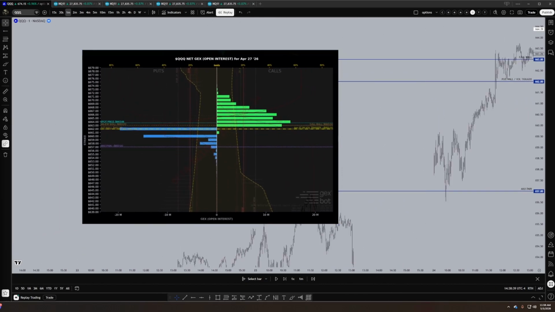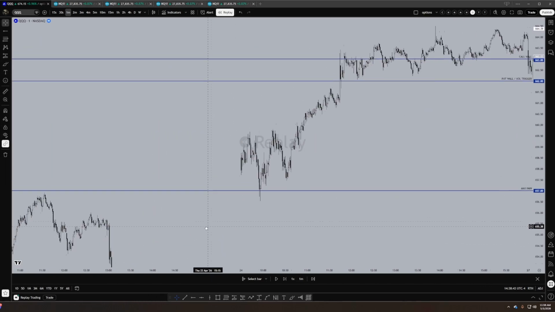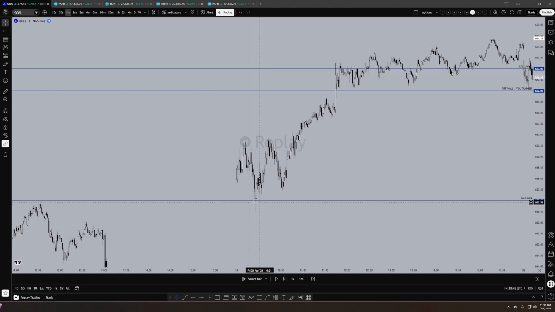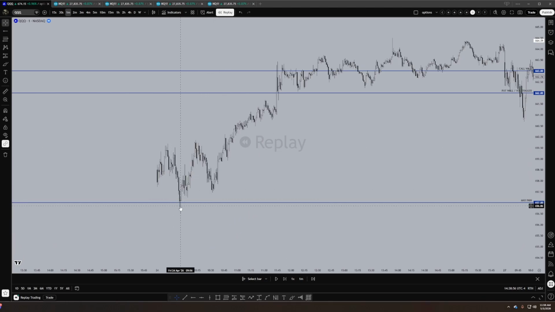Now we have our max pain right here sitting at 657, and what you'll see is that as we open for the New York session, we come immediately down into our max pain and get instant rejection followed by a rally leading to our call wall, right?